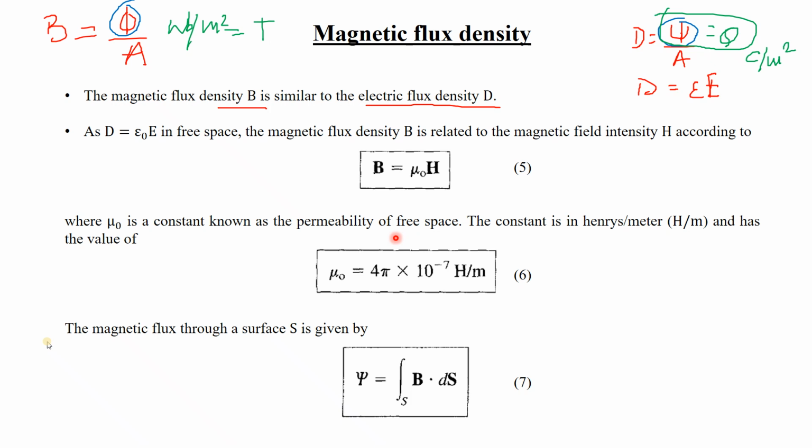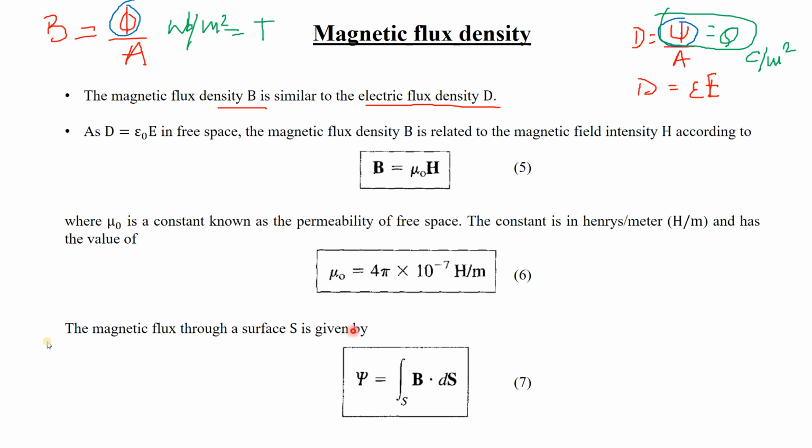Obviously the ferromagnetic material having permeability 3 will produce more magnetic field because it has more permeability. That is why it can be a better electromagnet. Now for free space, it has a constant value called the permeability of free space, mu naught, which is equal to 4 pi into 10 to the power minus 7 Henry per meter.